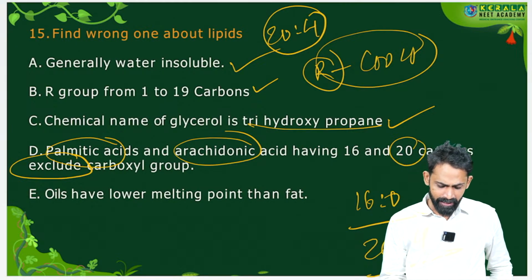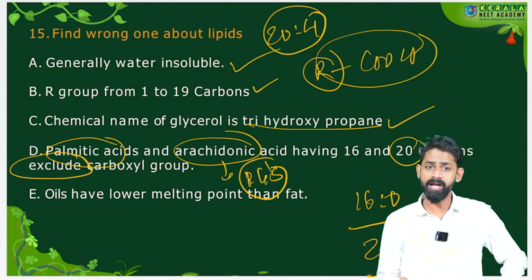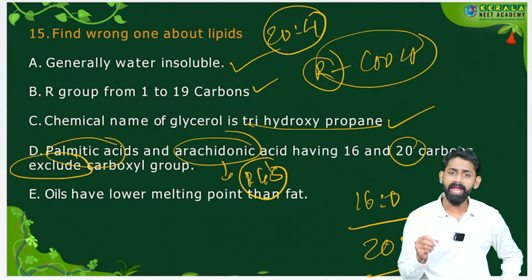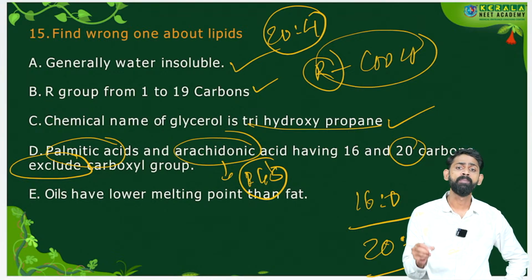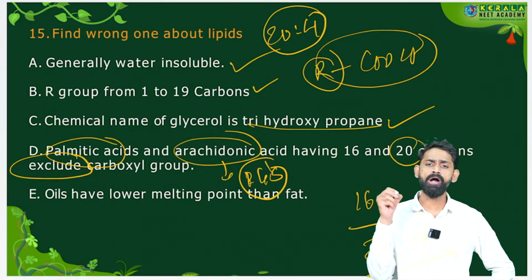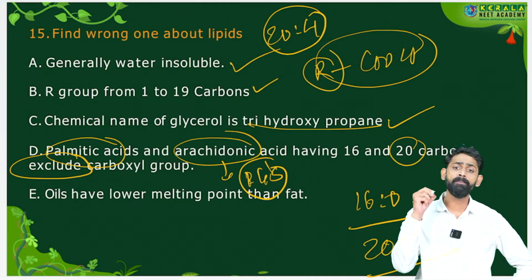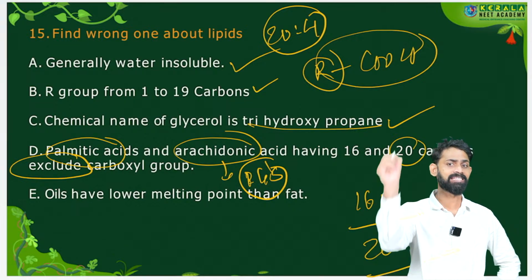Arachidonic acid is involved in the synthesis of prostaglandins. During parturition, uterine contraction is not only the involvement of oxytocin but also of prostaglandins.